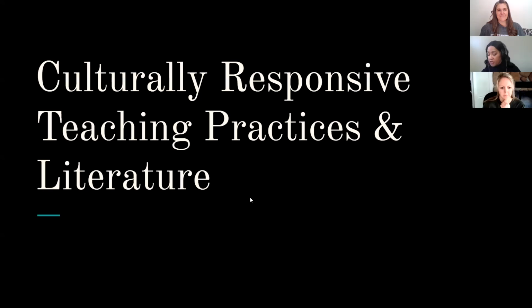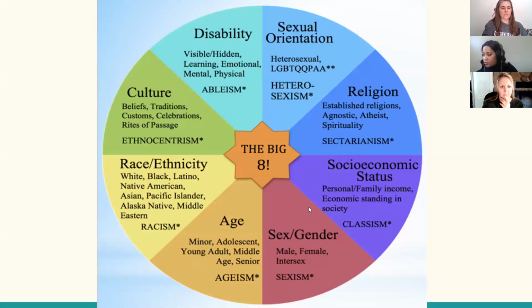Okay, let's move on to culturally responsive teaching practices and literature. This is a graphic of the Big 8. The Big 8 comprises 8 major identities that help us understand who we are and where we come from.